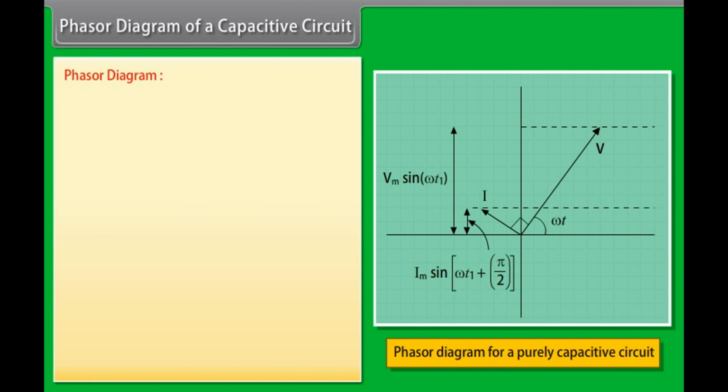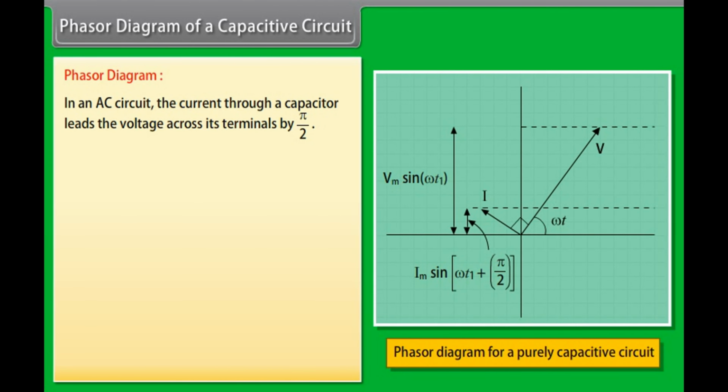Phasor diagram. In an AC circuit, the current through a capacitor leads the voltage across its terminals by π/2.